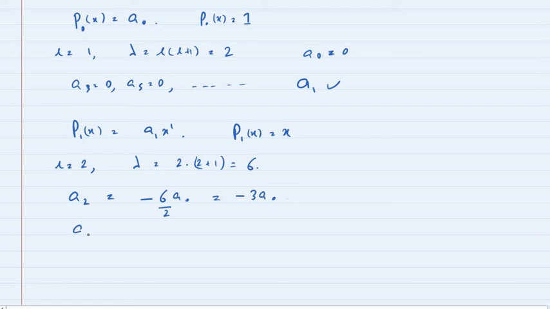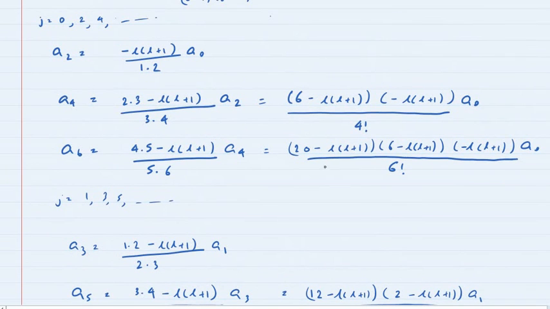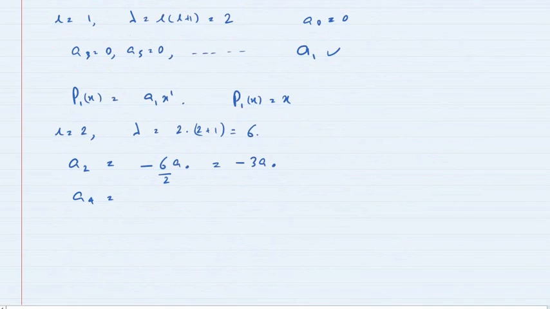And A4 is equal to, from this equation we can see, since we have L times L plus 1 as 6, this term becomes 0, which means A4 is equal to 0 and A6, A8, all the even numbered components are equal to 0.